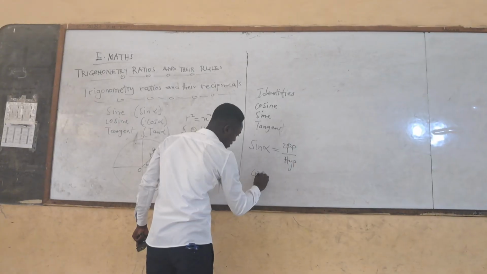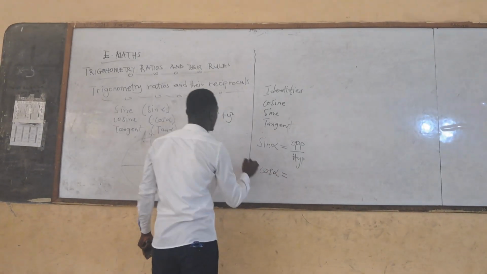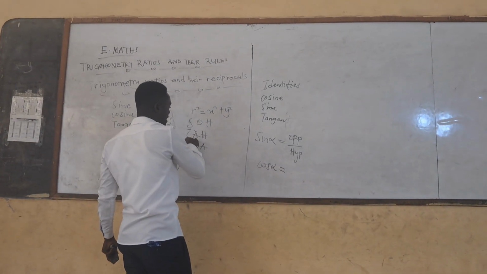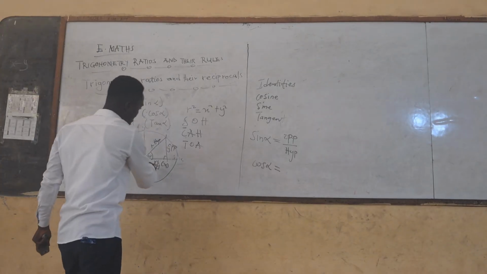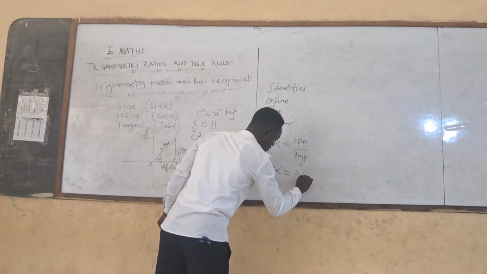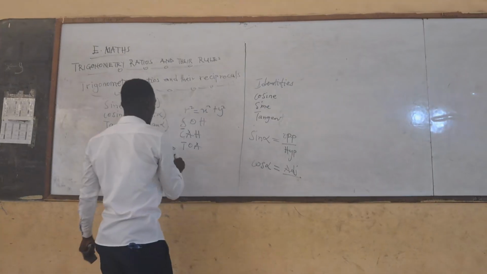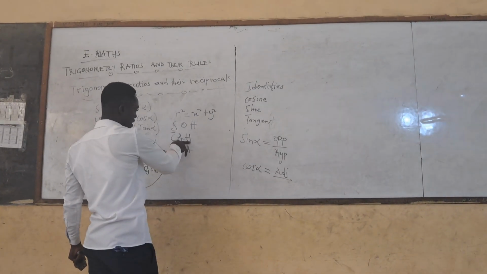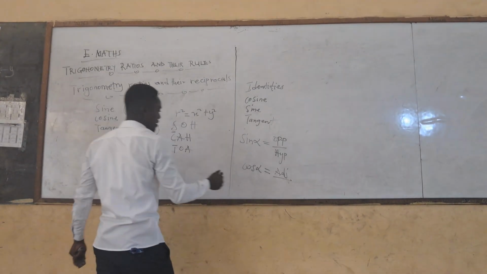So cos alpha is equal to A, which stands for adjacent, over hypotenuse. The H stands for hypotenuse.